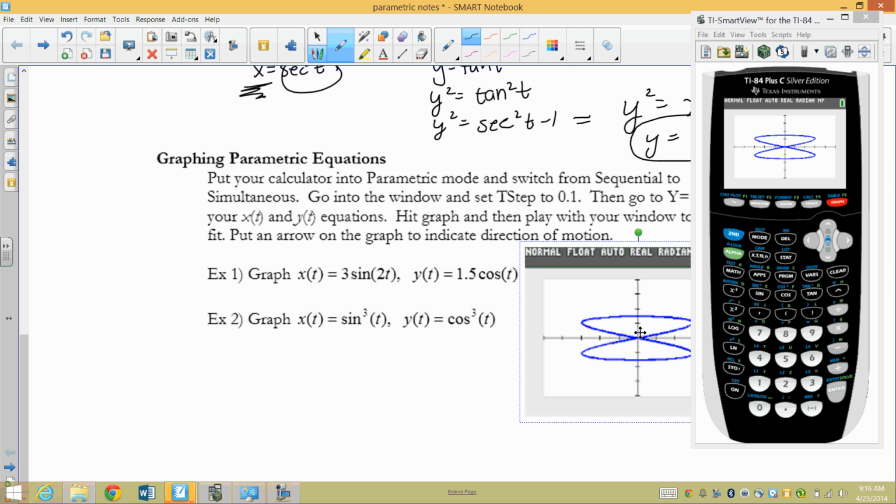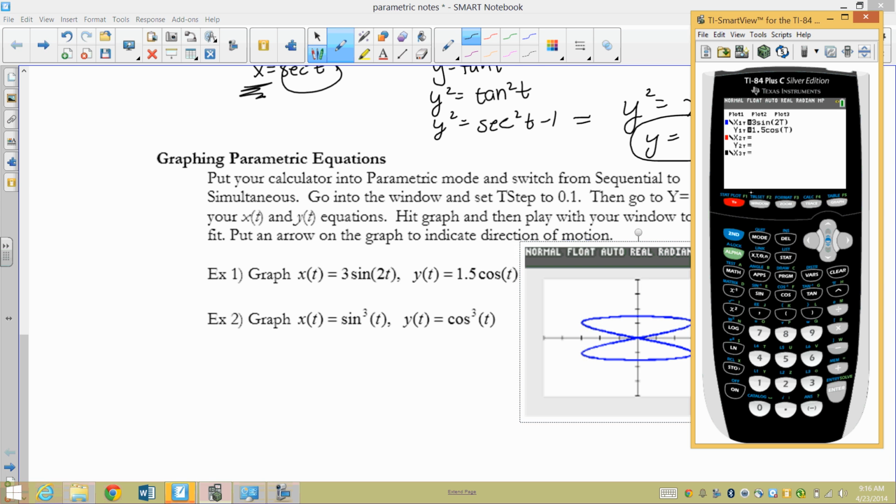The other thing that you need to do in a parametric graph is that parametric mode is useful because it shows the direction of motion. So if I watch that graph one more time, watch where it starts. Okay, it comes down here and then back up and then that way.